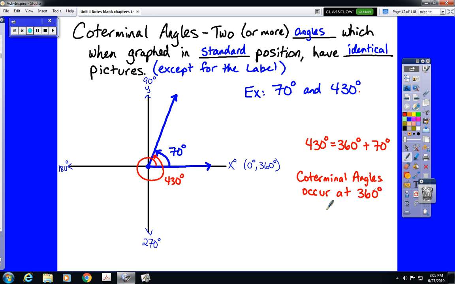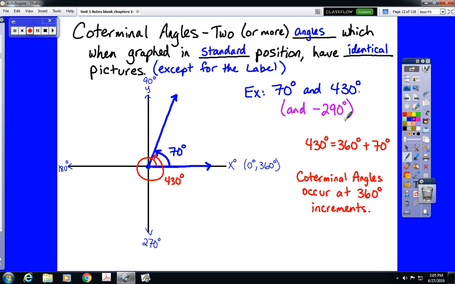So, just because we can, what would one more angle be? Well, let's go negative. Let's say that instead of rotating in a positive direction, we rotated in a negative direction. Well, that angle that would have the same picture would be 70 minus 360, or negative 290.